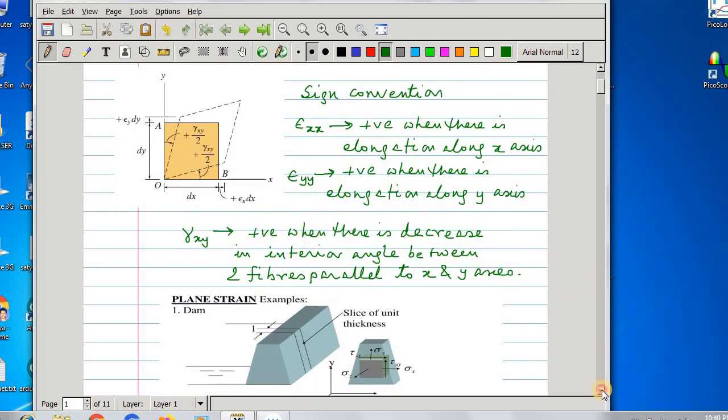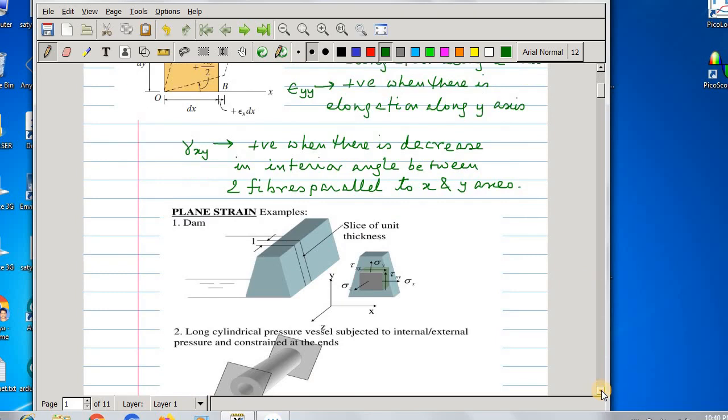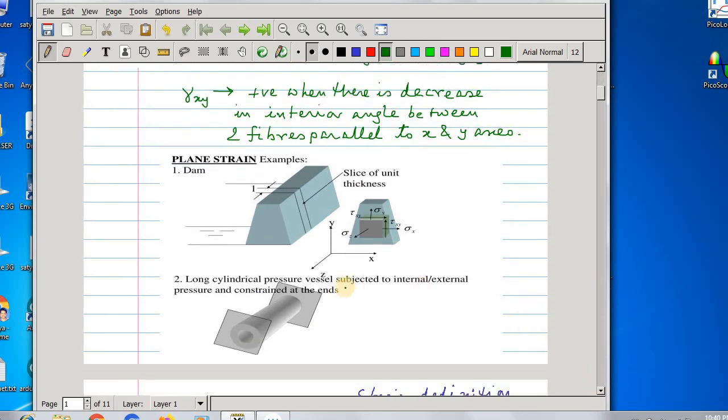Generally plane strain is a simplifying assumption, and we use it for cylinders subjected to internal and external pressures which are restrained in the z direction. These are long cylinders restrained in the z direction so that there cannot be any displacement in the z direction.